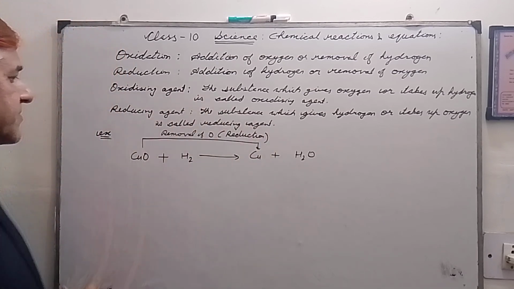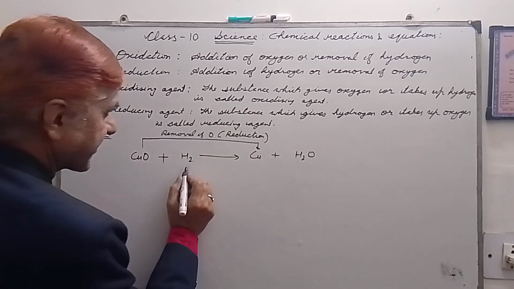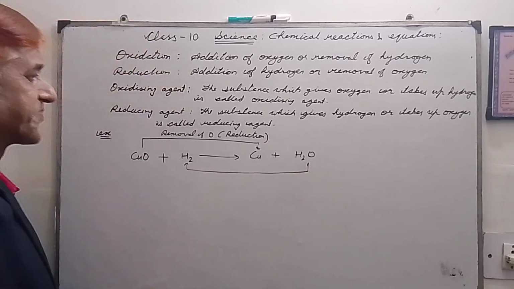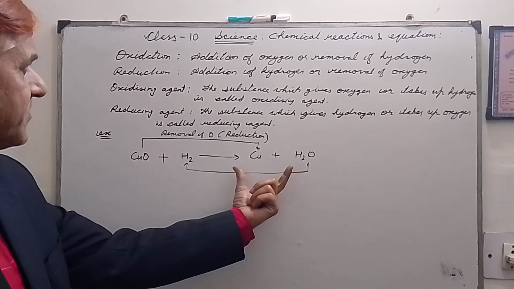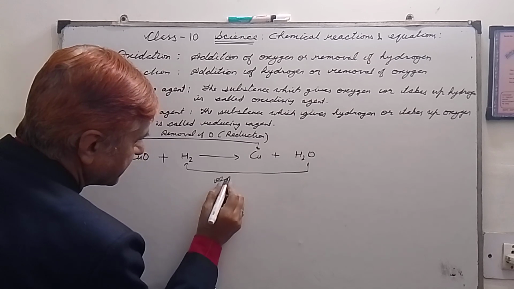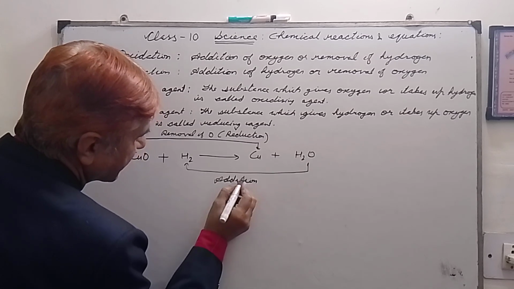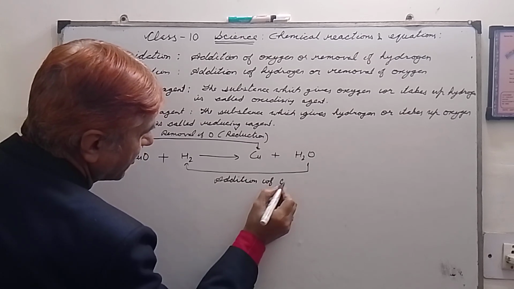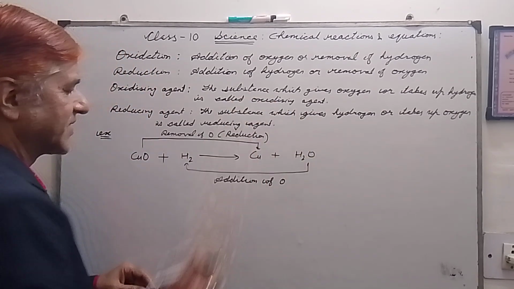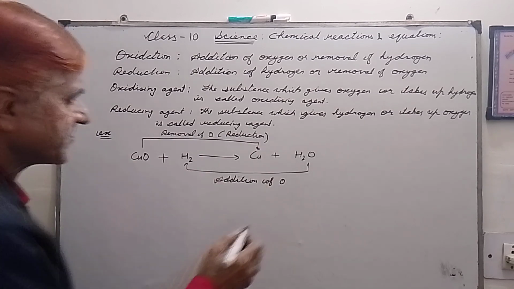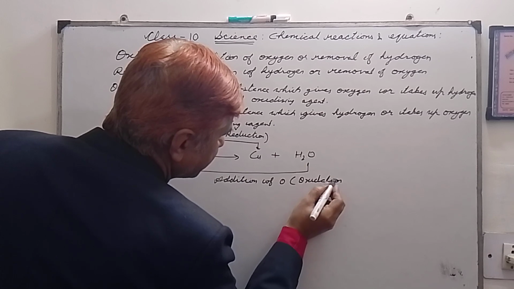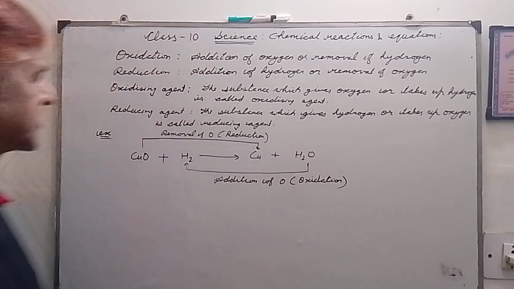So we will write this as reduction. And here what is happening is addition of oxygen, because oxygen is getting added to hydrogen. Addition of oxygen is oxidation. So there is oxidation.